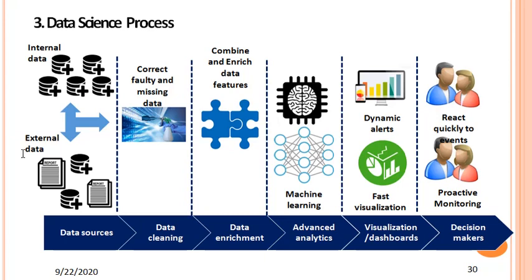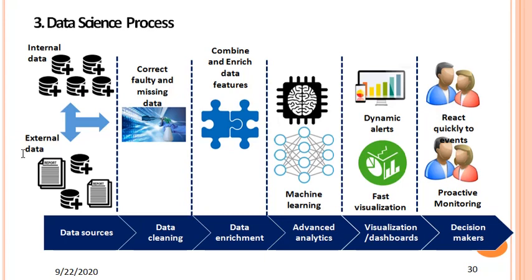For example, if you are trying to solve a problem related to a firm, then that firm can have some internal data which you can use, and you can also have some external data from open source repositories, and you can use the internal and external data in order to solve that problem. This is the very basic and first step in a data science process. It's called data gathering or data acquisition, and it can involve both the internal data as well as the external data.